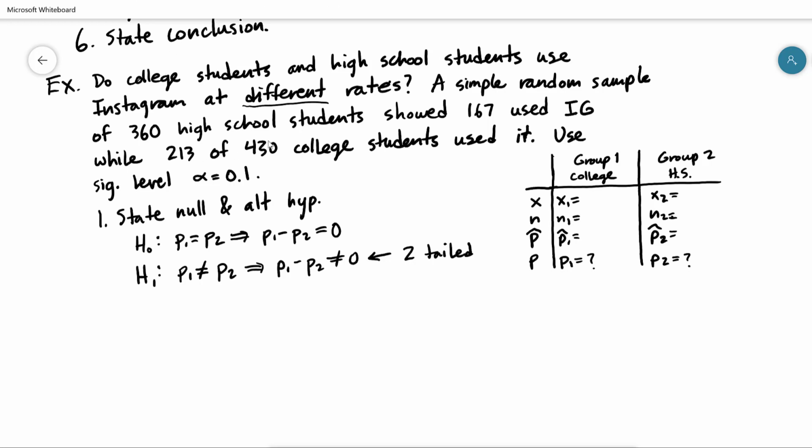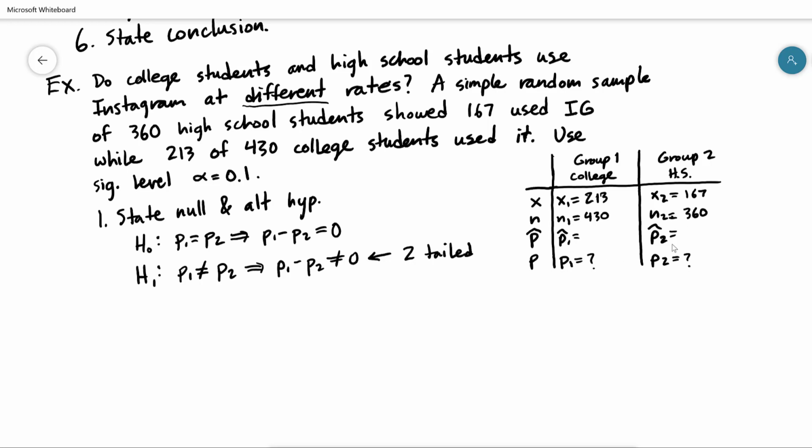Sorry, these are the values right here that we do know that are given in the problem. So for college students, what number out of what number used Instagram? Well, it said it was 213. That's going to be my value of x out of my total sample size, which was 430. That's the proportion that use Instagram. And over here for the high school students, it was 167 out of 360.